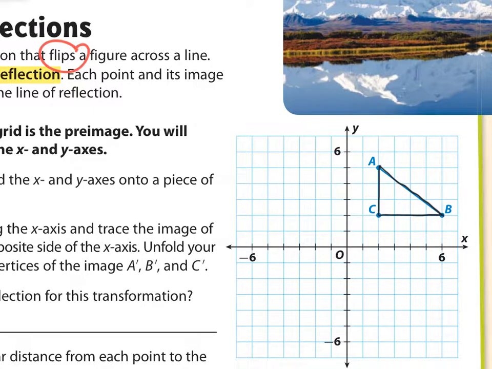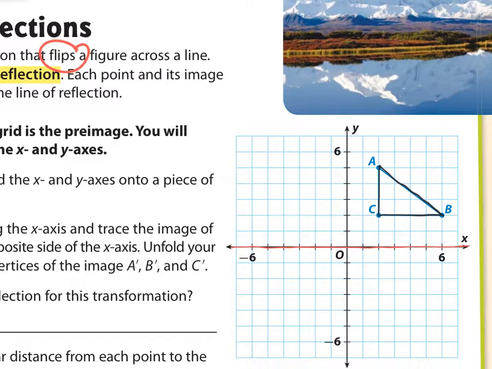So let's undo all of that, and then we'll see what this looks like if we do the x-axis as the mirror. So if I want to do the x-axis, let's draw our red line now on the x-axis. That's the one going from left to right.